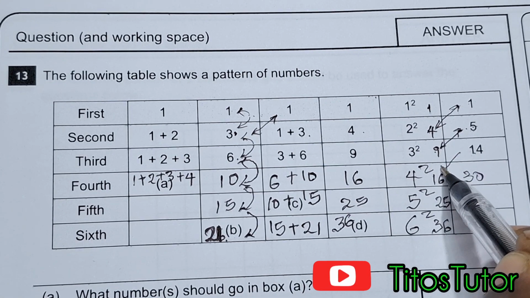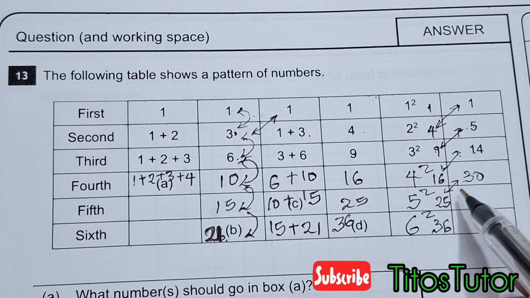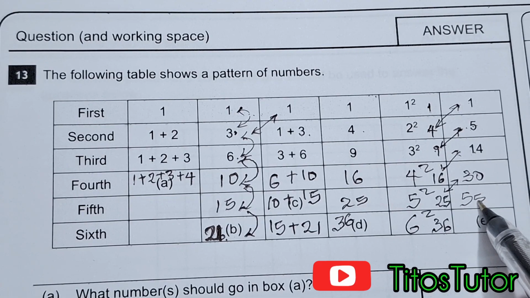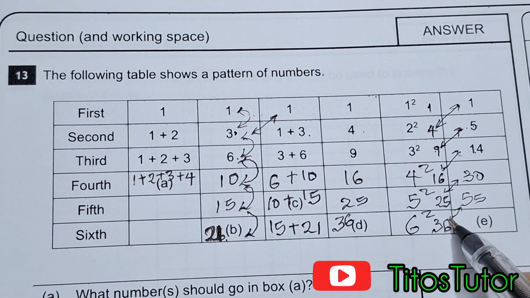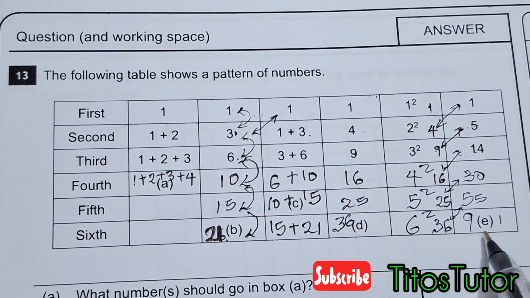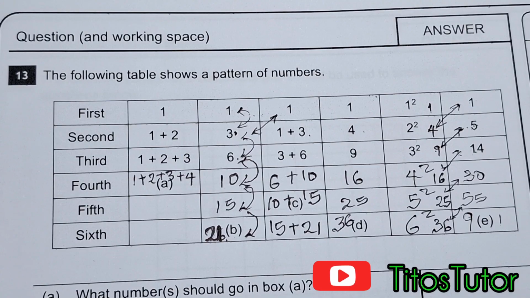So it's connected like this. Can you see? Then you do 30 plus 25, which is going to give you 55. And you connect this and this, which will give you 91. So E is 91.